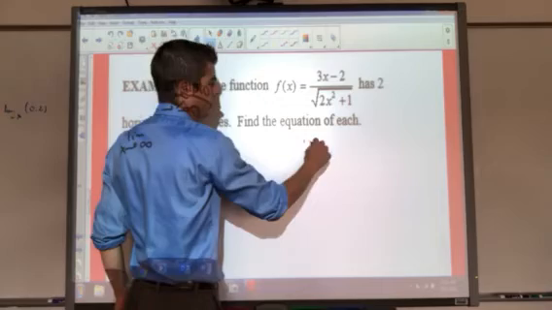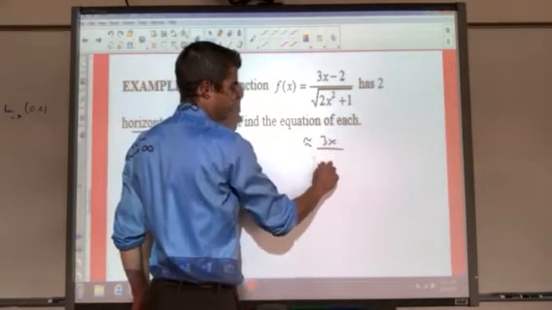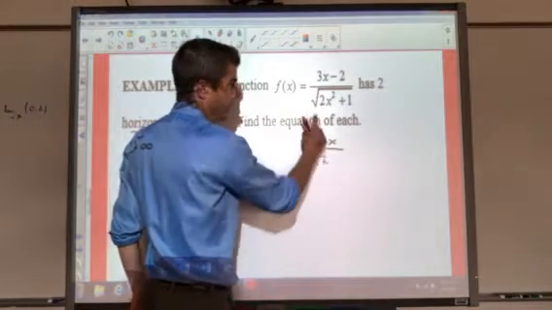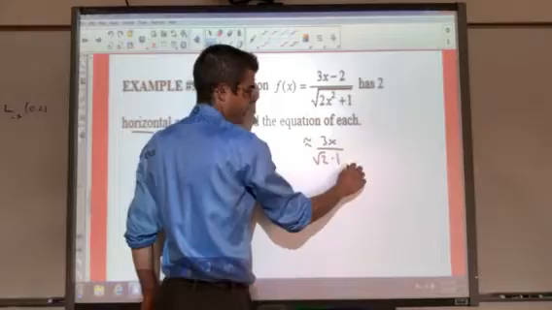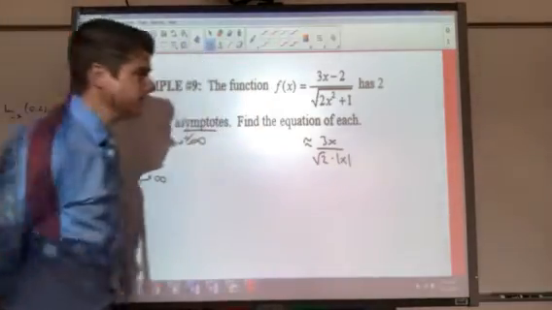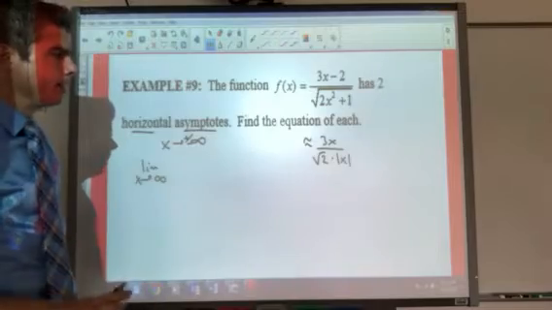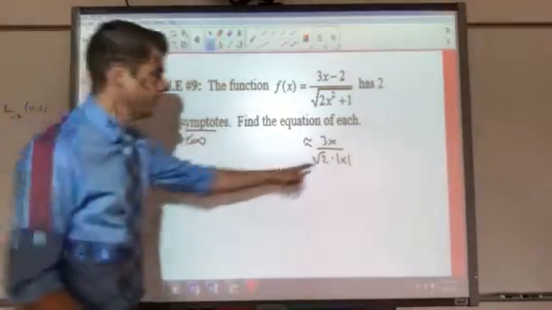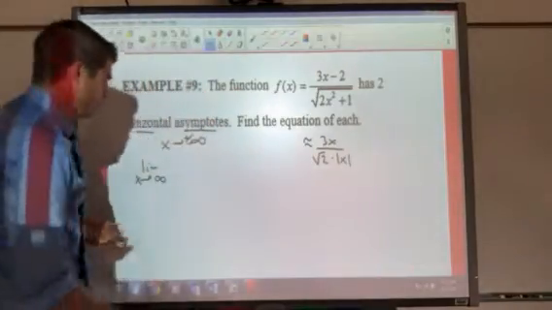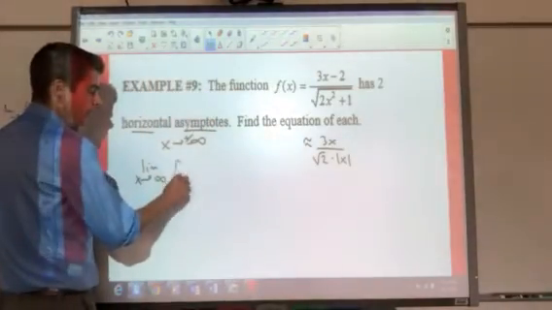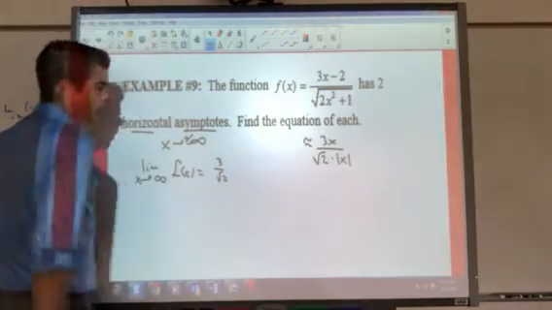This is going to behave a lot like 3x. The bottom's behaving a lot like the square root of 2, and then here, root of x squared, I might want to keep that absolute value, because technically the square root of x squared is the absolute value. That reminds me that when I approach positive infinity, absolute value stays positive, this stays positive, so this is like 3 over root 2. So the limit of f of x equals 3 over root 2.